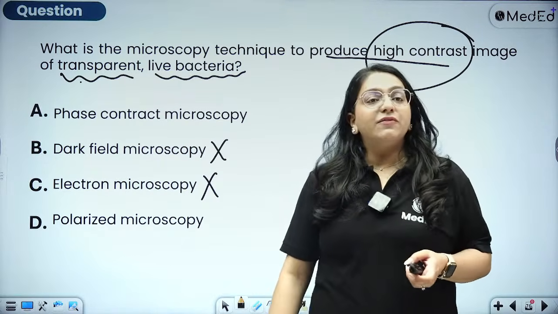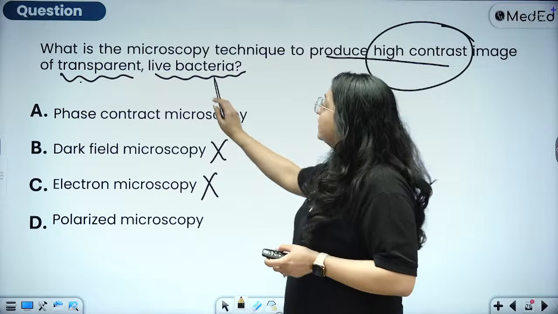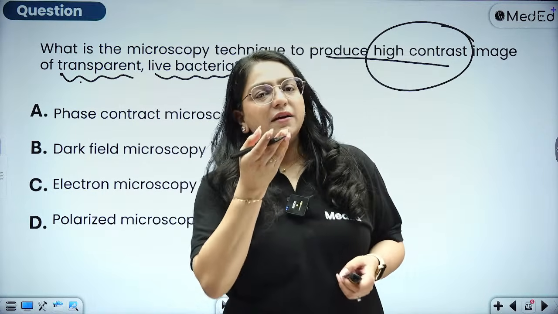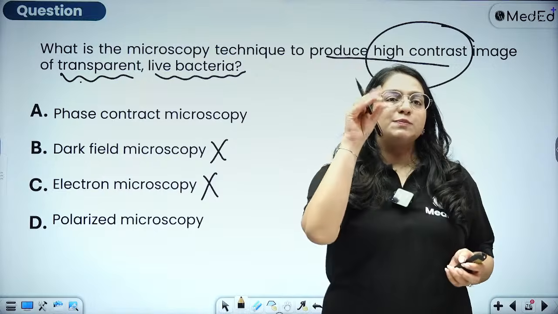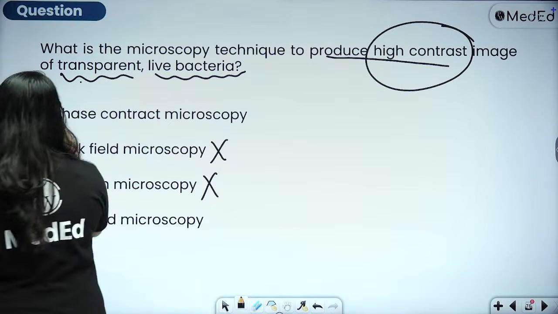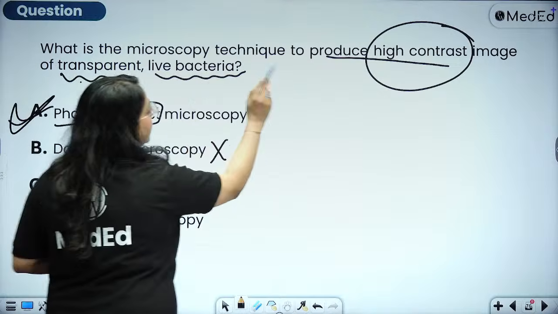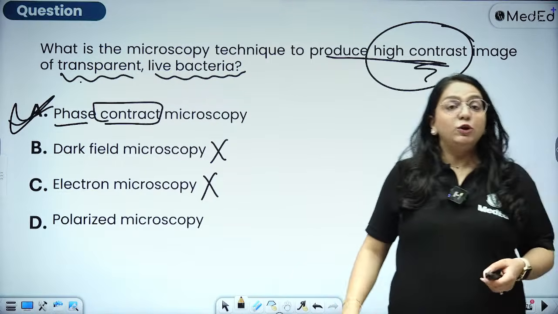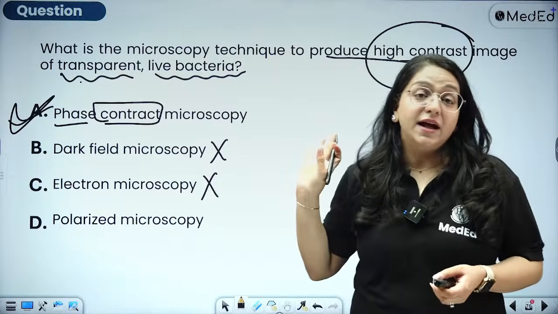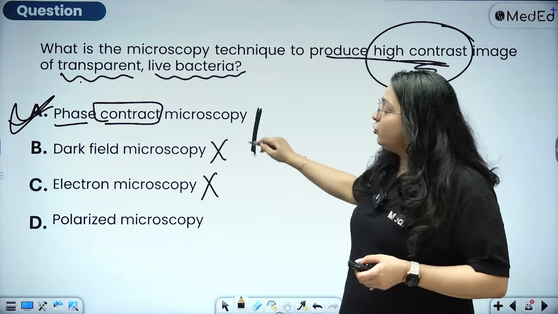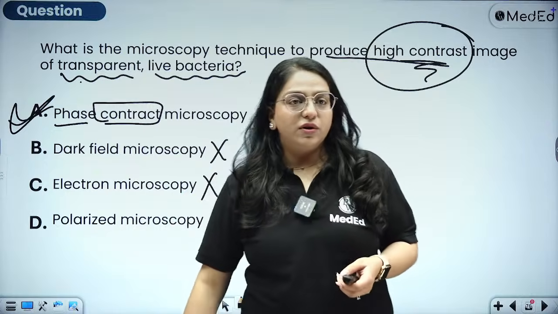No, they want to confuse you with transparent live bacteria, but it is simply putting a patch stop in the pathway and creating a spotlight effect. Phase contrast microscopy gives you the best contrast without having to put any stain on your bacteria. So without having to put any stain on your bacteria, these two are going to be your methods of providing best contrast. Okay, great.